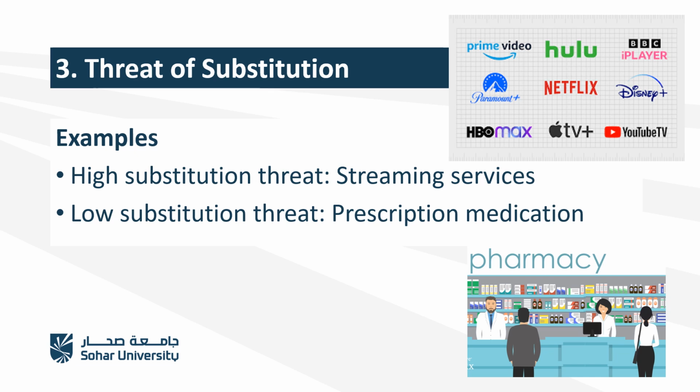Okay, so an example of high substitution threat is streaming services. You can see here Prime Video, Hulu, iPlayer, Disney, YouTube, TV Plus, HBO, Paramount, and Netflix.